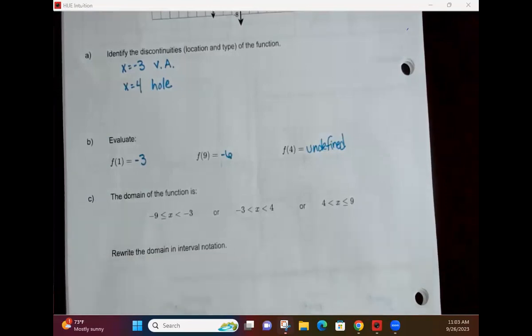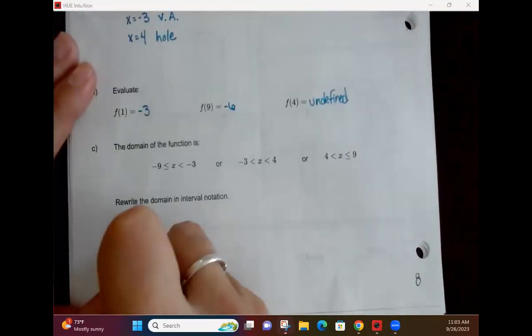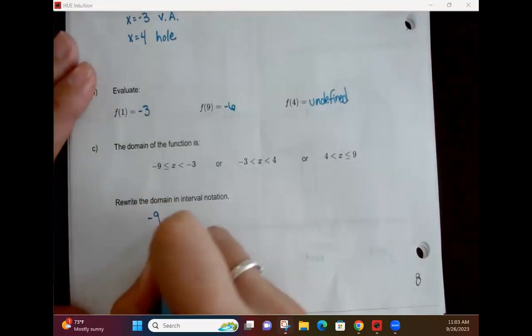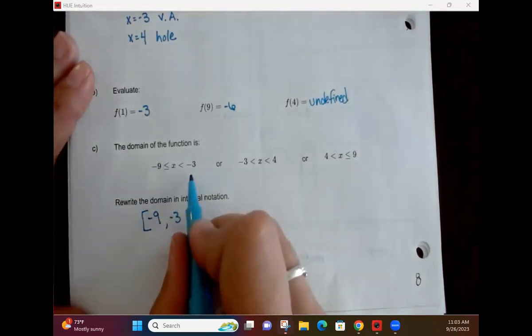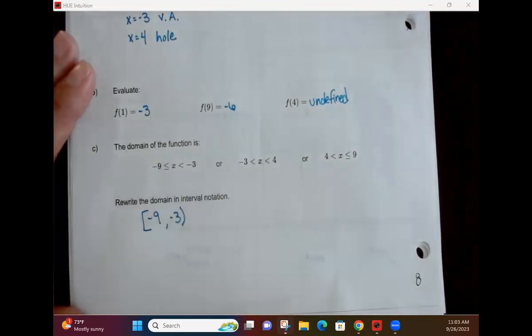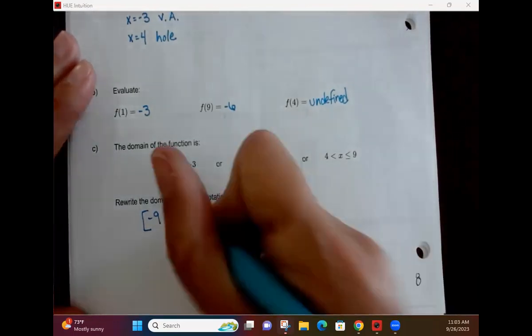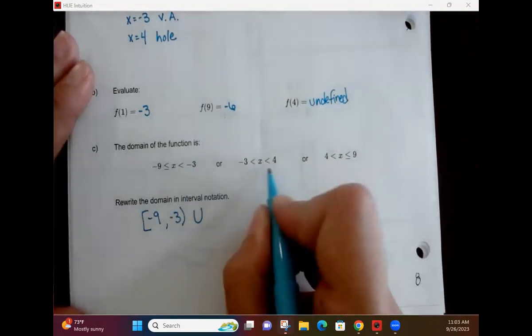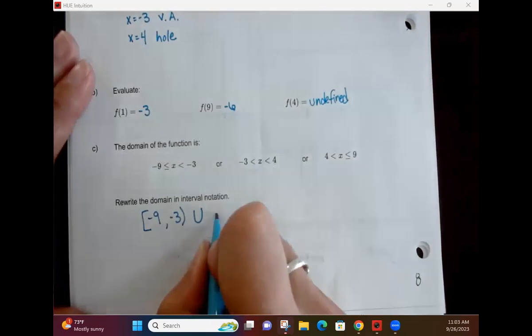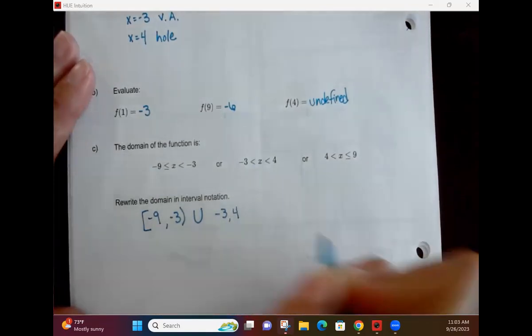Let's change this into interval notation. So in interval notation, I'm going to see the same breaks, right? So we can go from -9 to -3. We can be equal to -9, so -9 will get a bracket. We cannot be equal to -3, so I want a parenthesis at -3. I'm going to do my little union sign. And our next piece of our domain is from -3 to 4.